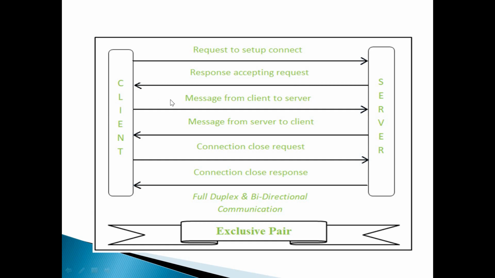Then the client sends a message to the server, and the server sends a message reply to the client. Next, the client requests the connection to be closed, and the server responds that the connection was closed. After the connection is closed, there are no messages or information from the server side that we can get on the client side. This is the exclusive pair model.